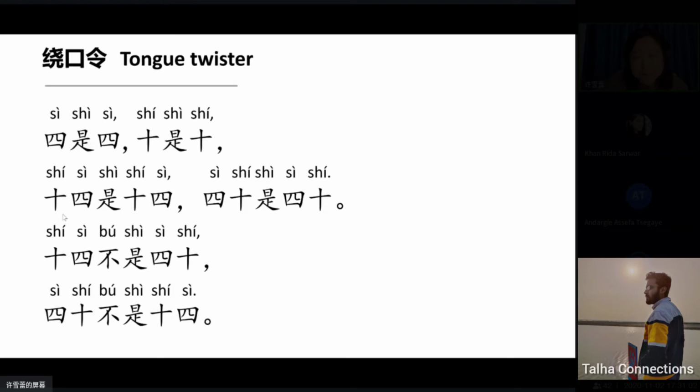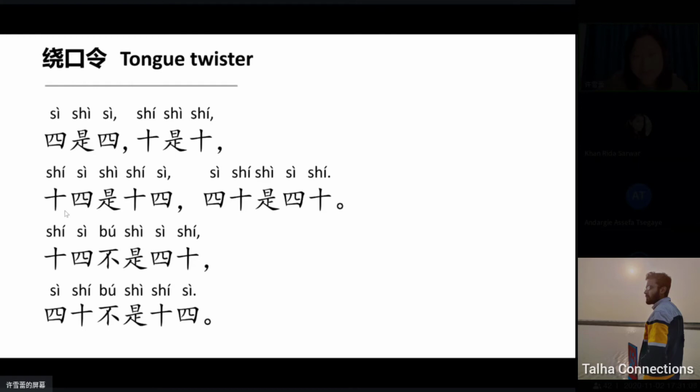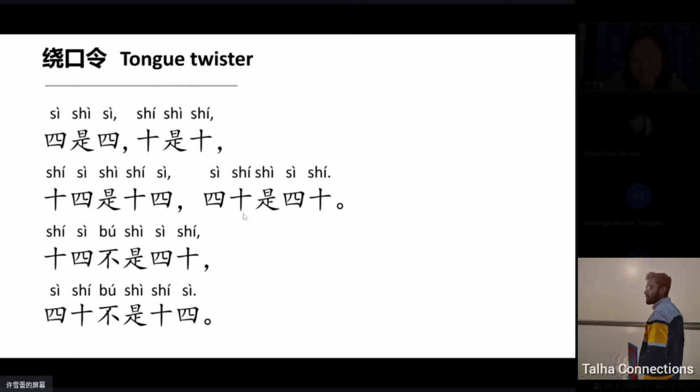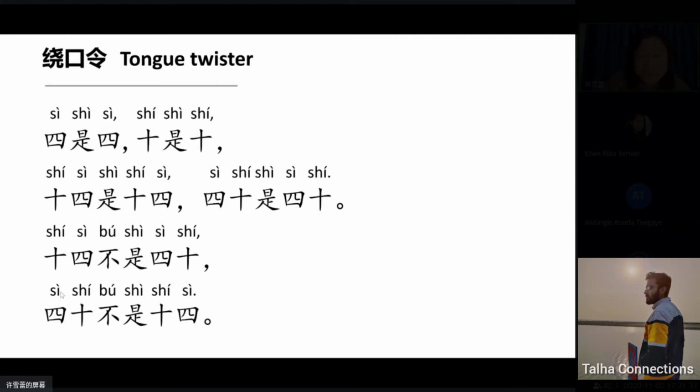Next one. 14. What's 14? Good. 14 is 14. So 14是14. Here, 40. What's 40? Good. 40 is 40. 40是40. All right. Now let's move on to the next line. 14不是.